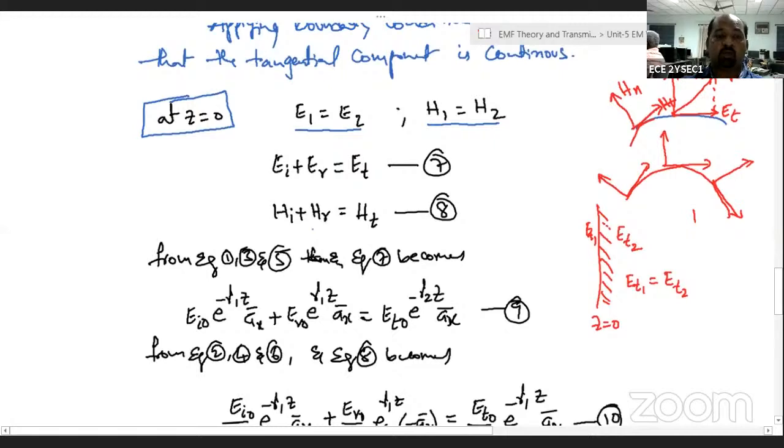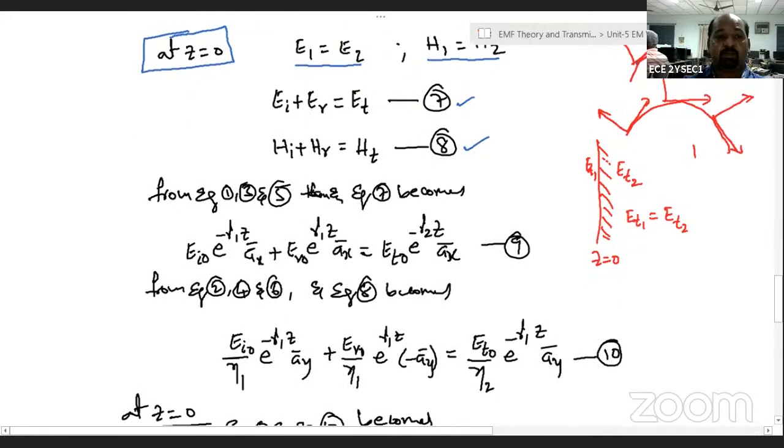Tangential components are equal. Therefore, equating, we get equation 7 and equation 8. EI, ER, and ET you can get from equations 1, 3, and 5, substituting in equation 7, and we get equation 9.